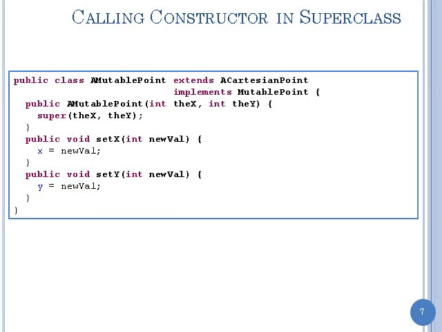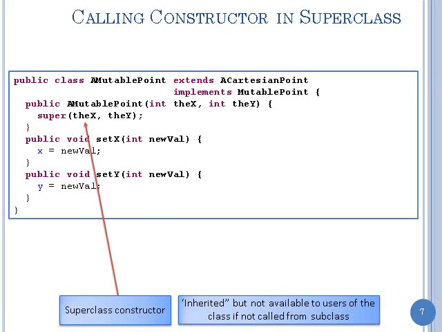So it's explicitly inherited and not implicitly inherited. That's an important point: the superclass constructor is inherited but not available to users of the class if not called from the subclass. Questions?